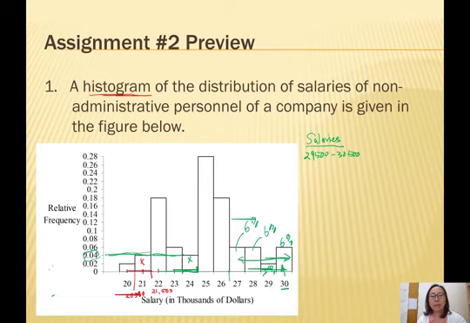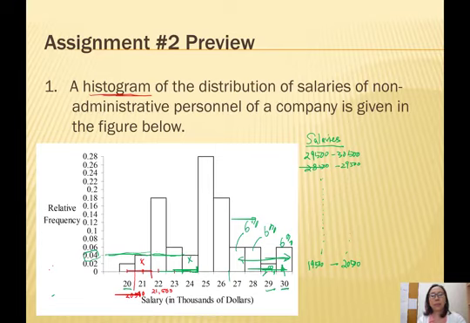And the next one, the number 29, is representing 28,500 to 29,500. Okay. So in a similar way, you will write down all the salaries all the way down to the bottom, where the number 20 is representing 19,500 to 20,500.